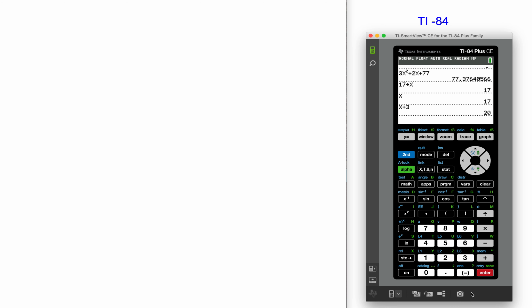Okay, there you go. So now that we have x stored as 17, I can go back over here, bring down my equation, hit enter, and I just plugged in 17 everywhere there was an x.